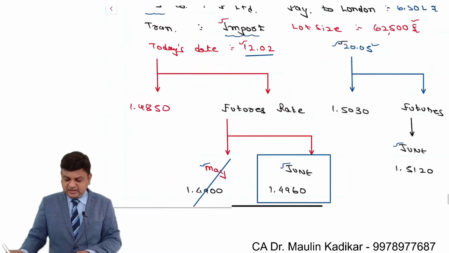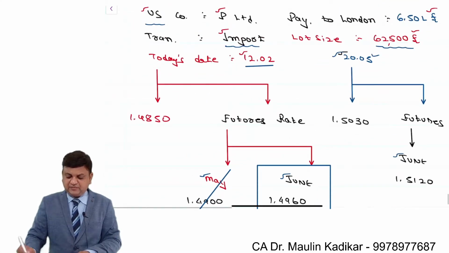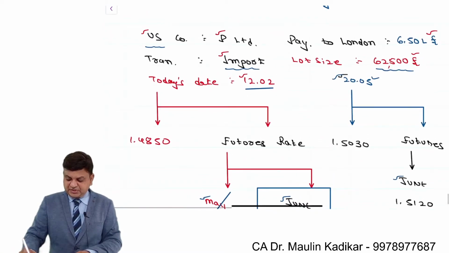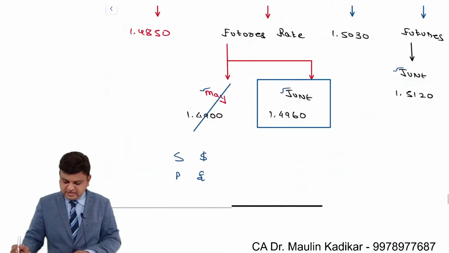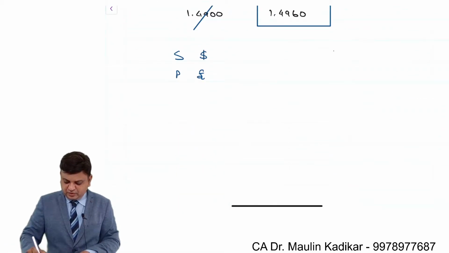Importantly, you can see the question is providing the lot size information, 62,500 pound, and the consideration is 6,50,000 pound. So kindly use your calculator. 6,50,000 divided by 62,500, that comes to 10.4 contracts.